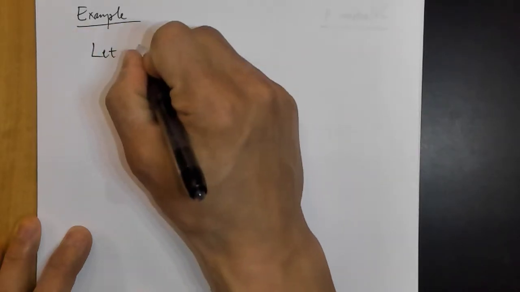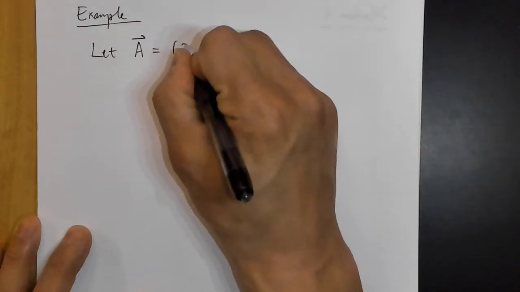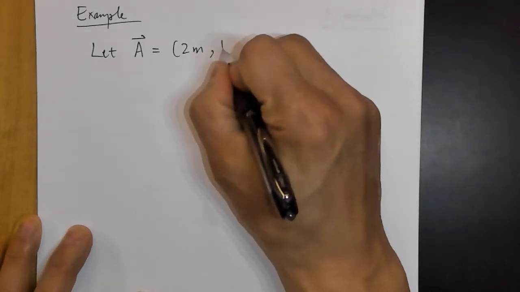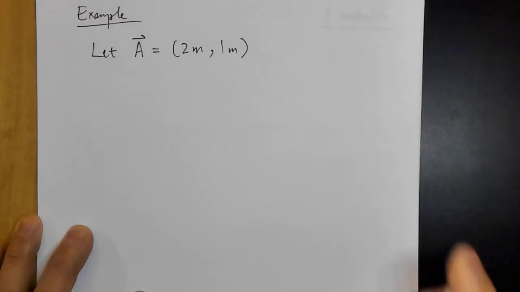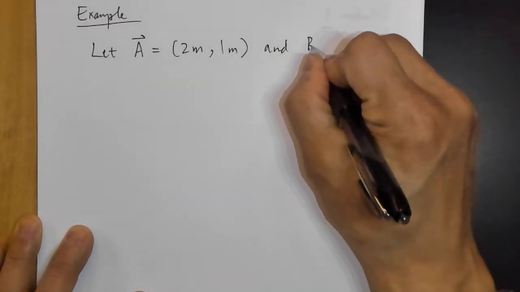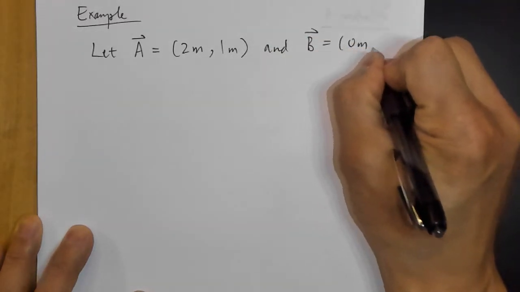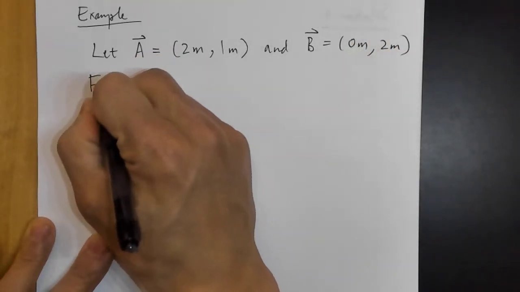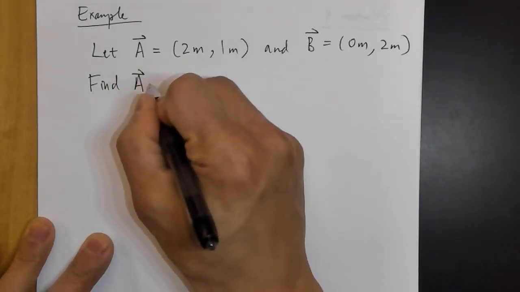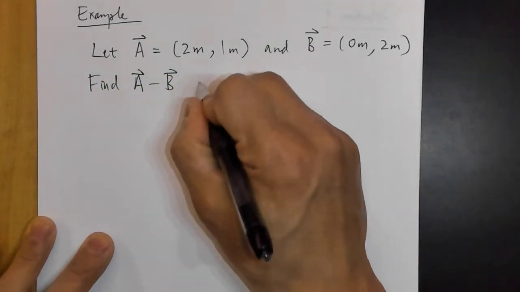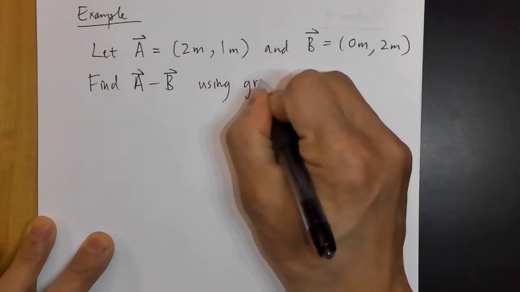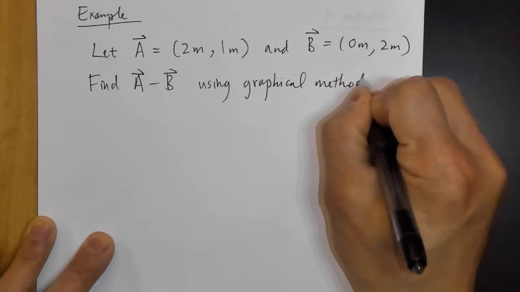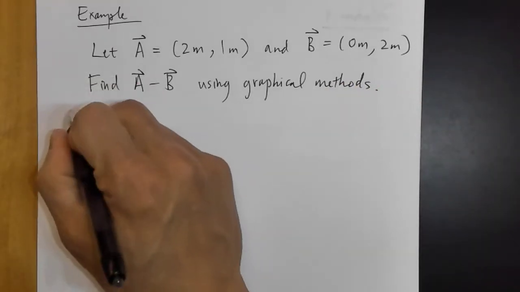Let A be the vector 2 meters comma 1 meters, and B is equal to 0 meters comma 2 meters. And the question is find A minus B, this time using graphical methods, in other words, drawing and laying vectors out.